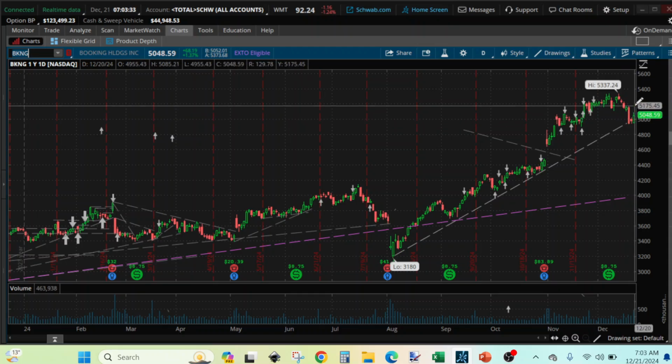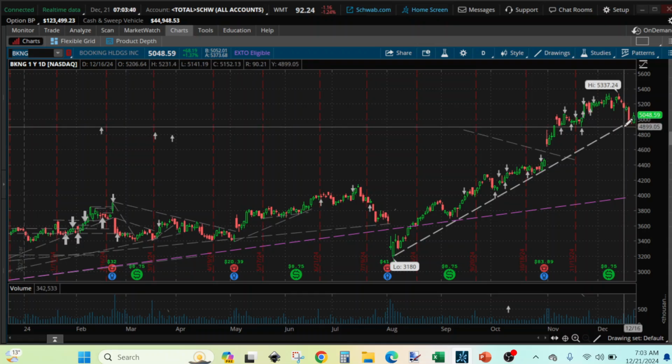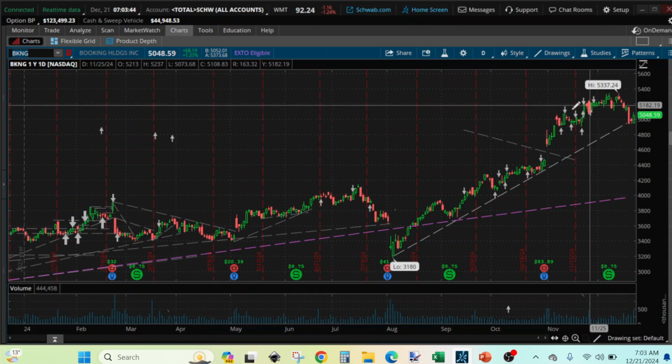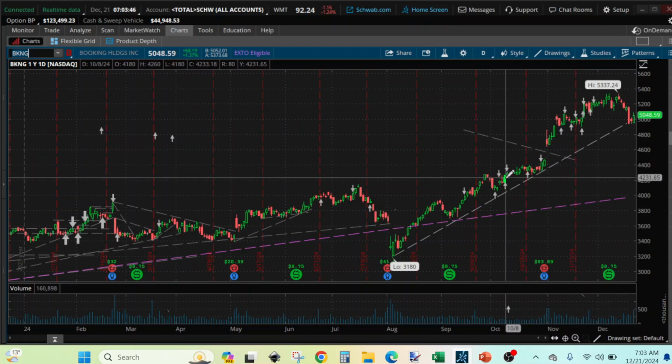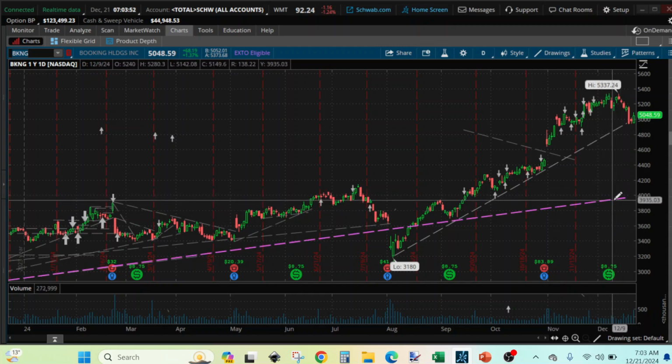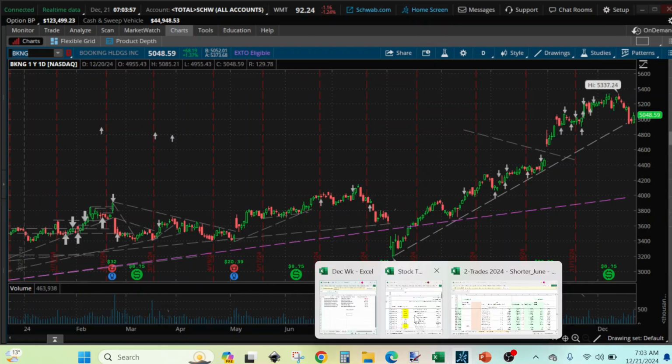I need to see the next pullback higher than this one to be able to trace the trend line that I'm going to be following here if I were to swing trade on a short trend line. But since I'm going to be trading on this line, I'm just going to wait for that to be on this line for me to do anything with it.